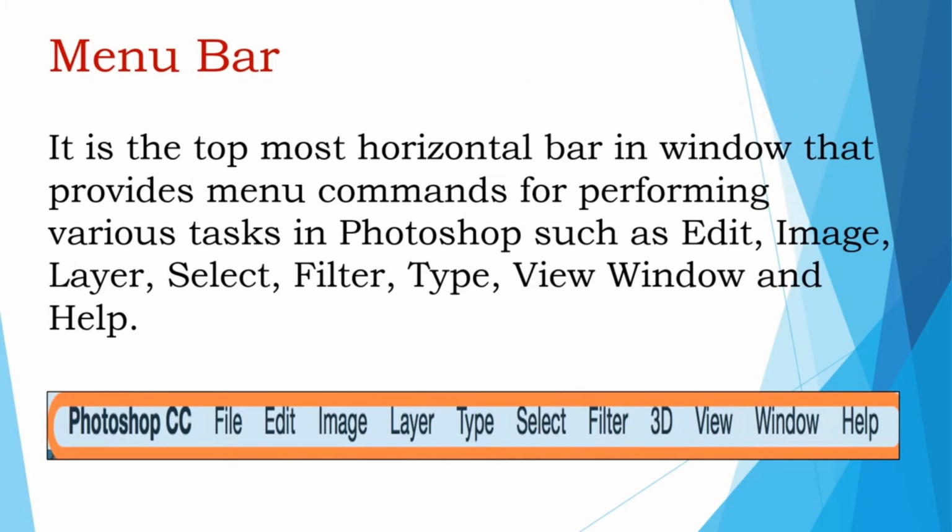Menu bar. Menu bar is the topmost horizontal bar in the window that provides menu commands for performing various tasks in Photoshop such as Edit, Image, Layer, Select, Filter, Type, View, Window and Help.